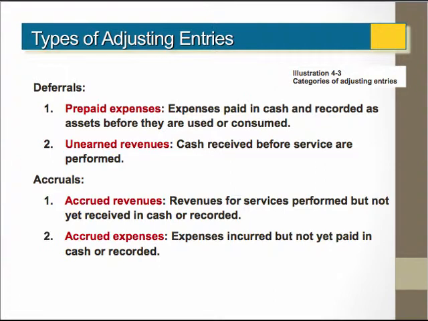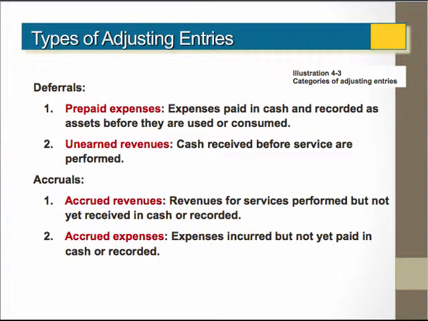Adjusting entries are made for 4 different situations. In general, they are called deferrals and accruals. Deferrals can fall into 2 categories: adjusting prepaid expenses or adjusting unearned revenues. Remember, prepaid expenses are assets and unearned revenues are liabilities.